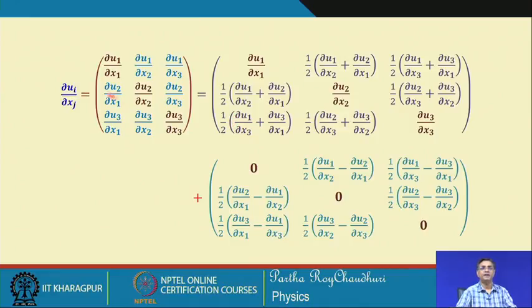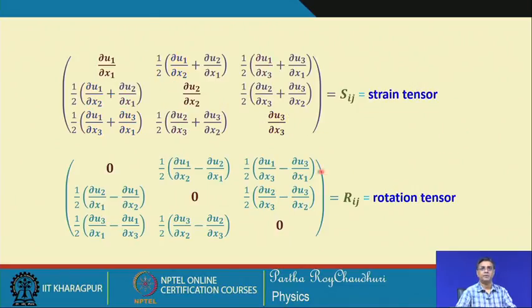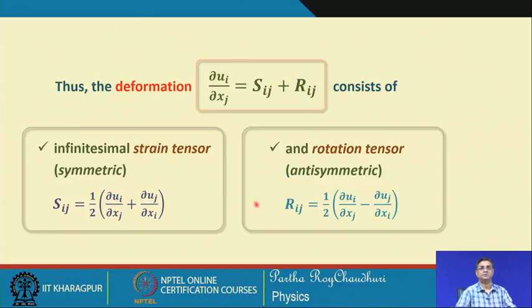Therefore, we find that any deformation can be expressed as a sum of a strain tensor as well as a rotation tensor. We will try to understand how these terms represent rotation and these terms represent strain. So, any deformation is the sum of a strain tensor and a rotation tensor, where this S i j stands for infinitesimal strain.